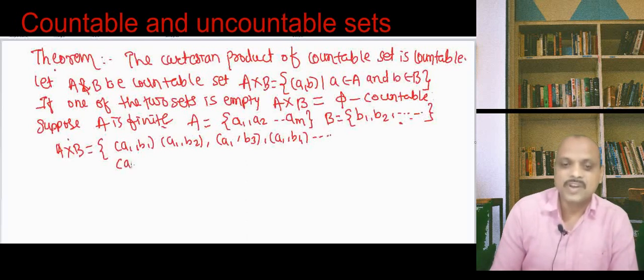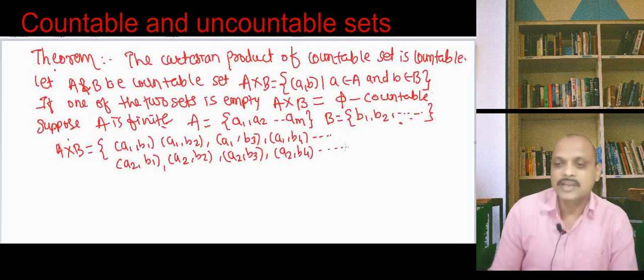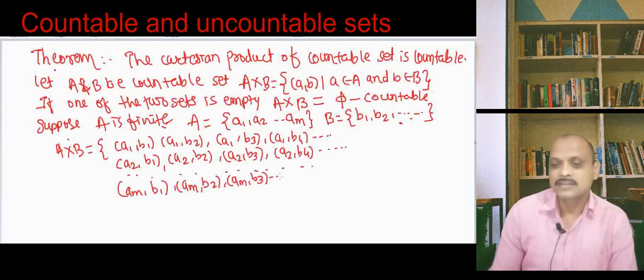Then (a2, b1), (a2, b2), (a2, b3), (a2, b4), and so on. Similarly, if we continue, we get the final row as (am, b1), (am, b2), (am, b3), and so on. Like this we get the set A cross B.